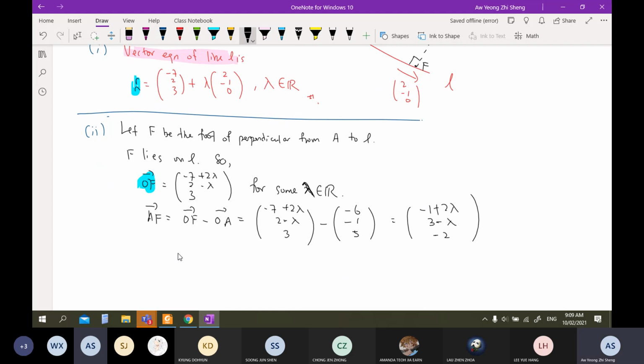Then next we make use of the 90 degrees, noting that AF is perpendicular to line L, which means your AF dot with the direction vector. You can already sub in your AF actually: minus 1 plus 2 lambda, 3 minus lambda and minus 2, dot with the direction of L is equal to 0.